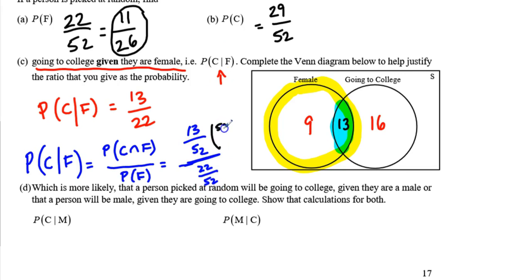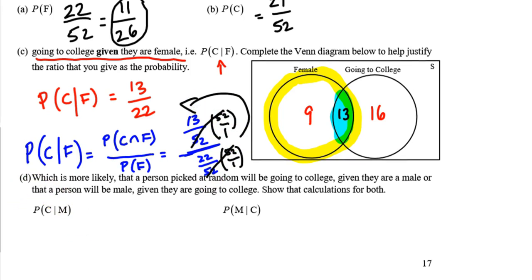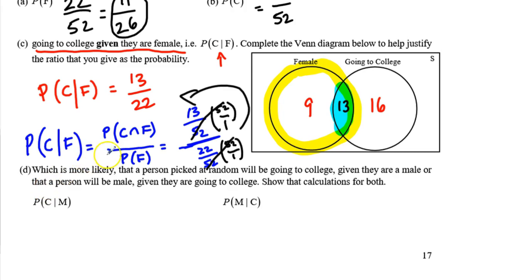So I'm just going to multiply by 52 over 1. Because as long as I'm multiplying the numerator and denominator by 52, I'm really just multiplying by 1, right? So these 52s divide out, and I end up with 13 over 22. Same thing.